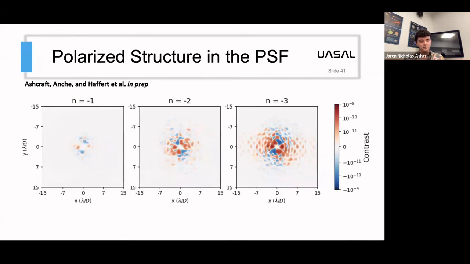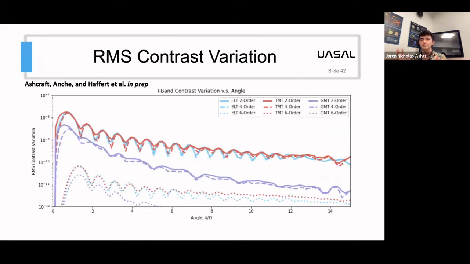And so I tried to constrain this by doing essentially a set of Monte Carlo runs for the ELT, TMT, and GMT, all of different coronagraph orders, and found that for variable thin films on the primary mirror, specifically the segmented part of the telescope, the RMS contrast variation doesn't really exceed 10 to the minus 8. So they should be fairly insensitive to that. But more sensitive systems at comparable polarization aberration levels may be concerned.